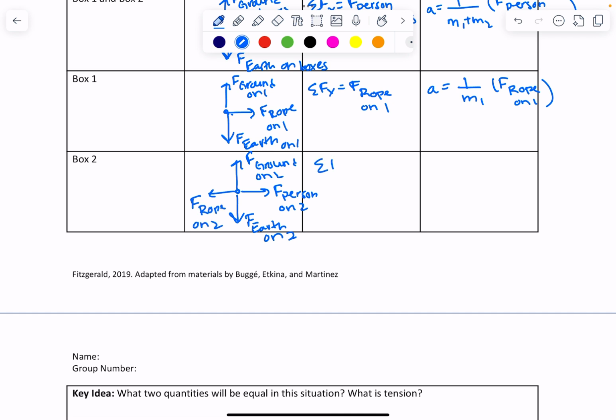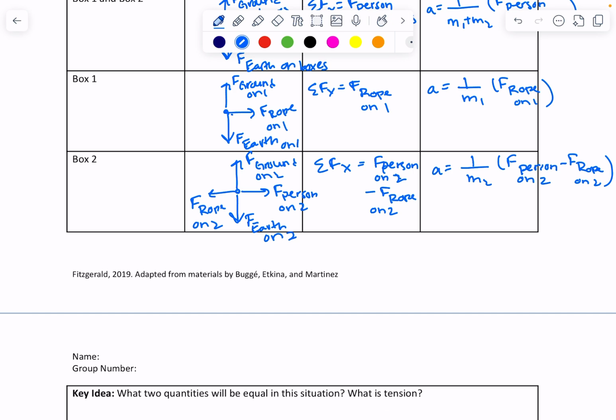So our sum of the forces in the x direction is the force of the person on 2 minus the force of the rope on 2. That makes our acceleration equation 1 over m2 times force person on 2 minus force rope on 2.